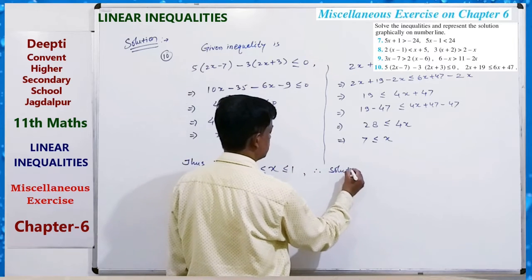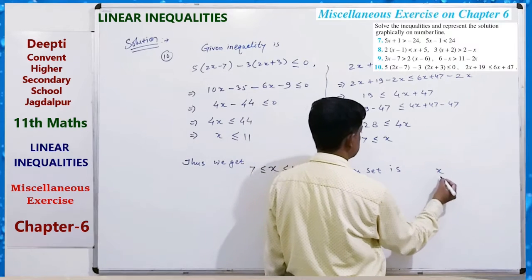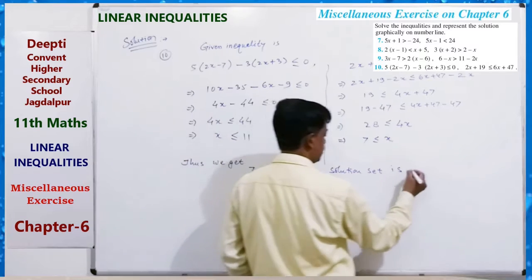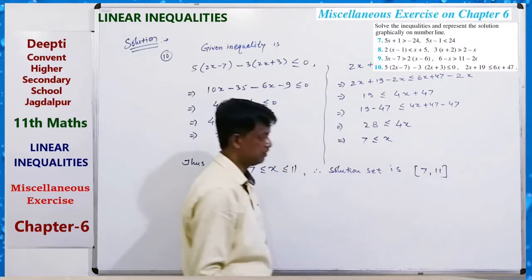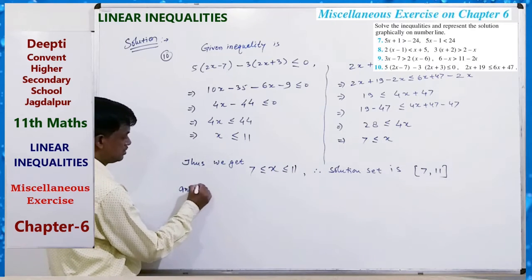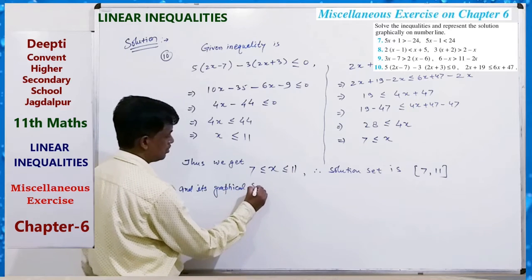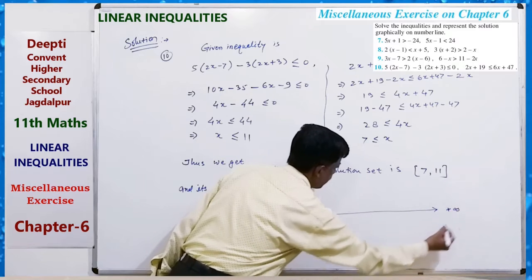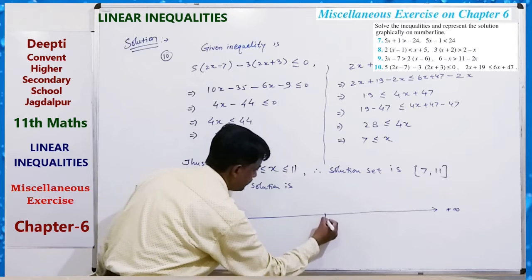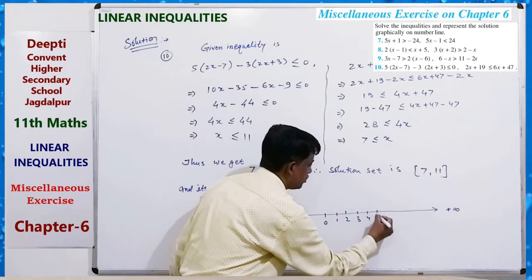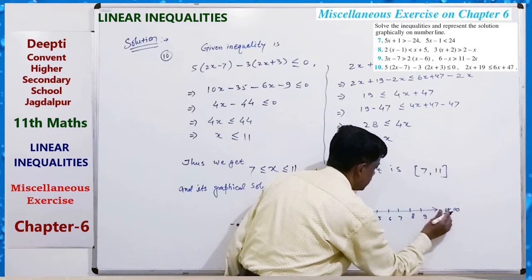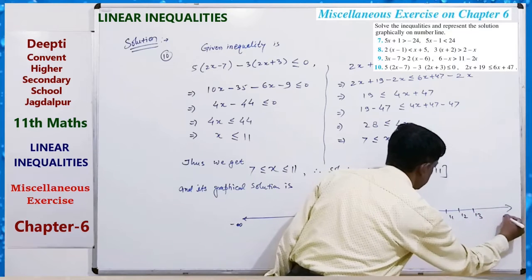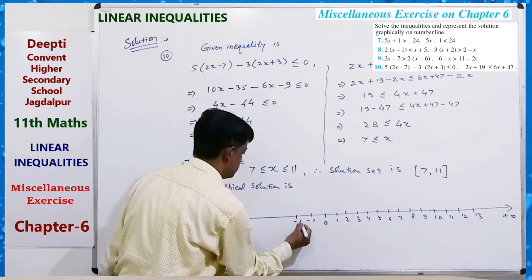Therefore the solution set is minus 7 to 11, and its graphical solution is: zero, 1, 2, 3, 4, 5, 6, 7, 8, 9, 10, 11, 12, 13, minus 1, minus 2, minus 3.